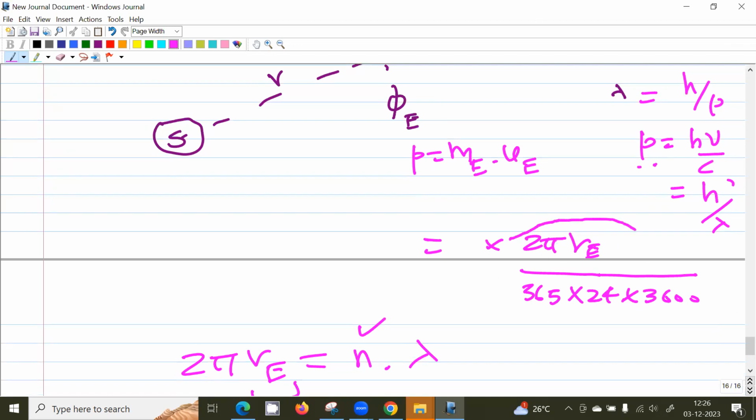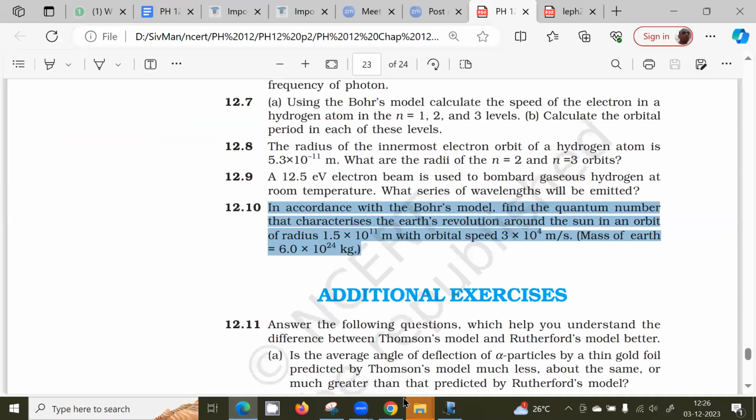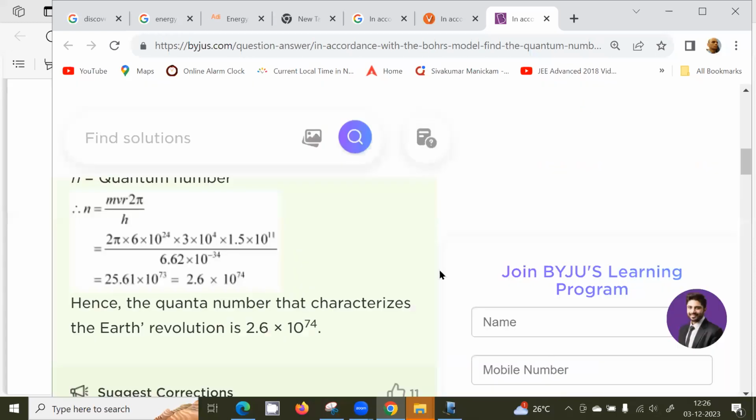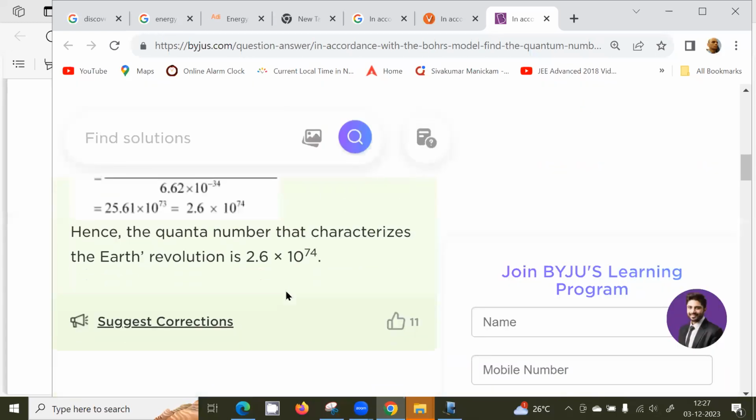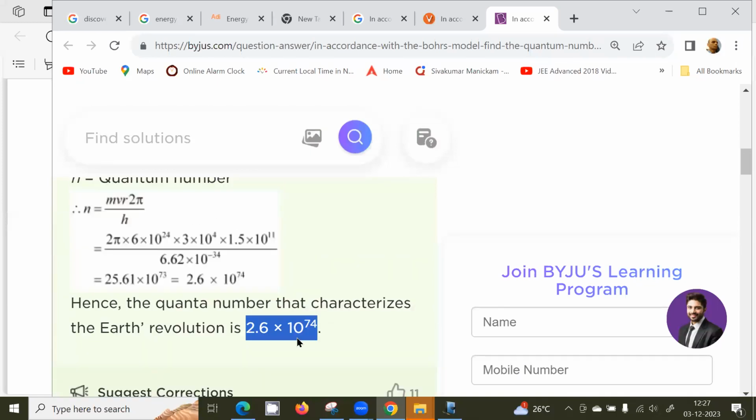Everything else is also a known quantity. If you put that in, you'll get the n value as 2.6 into 10 to the power 27. So it's a very, very large value.